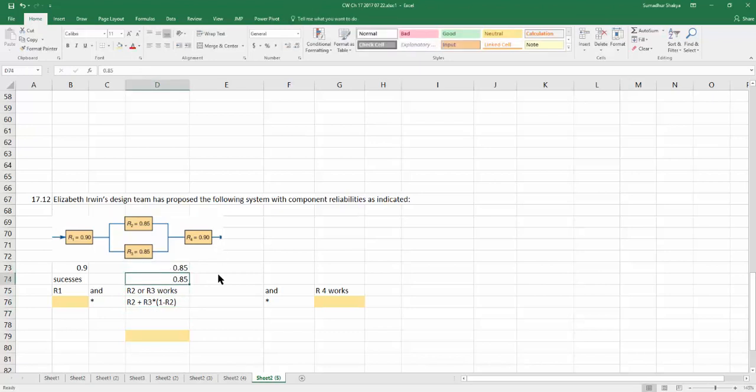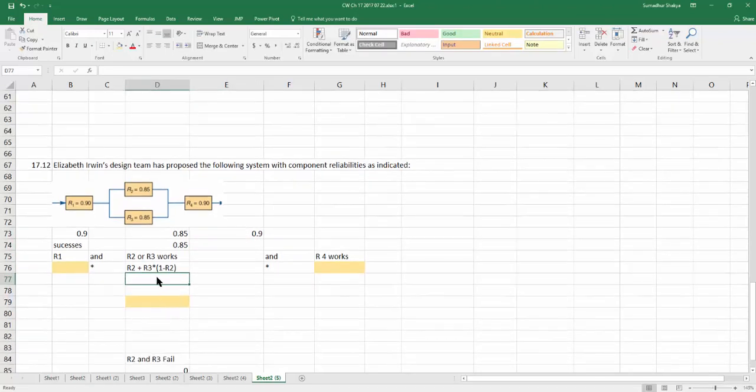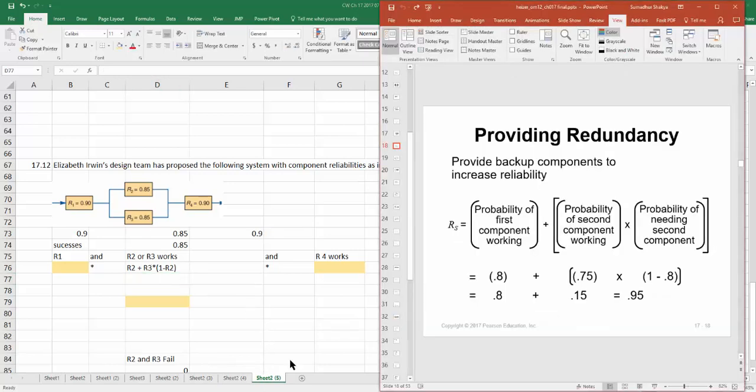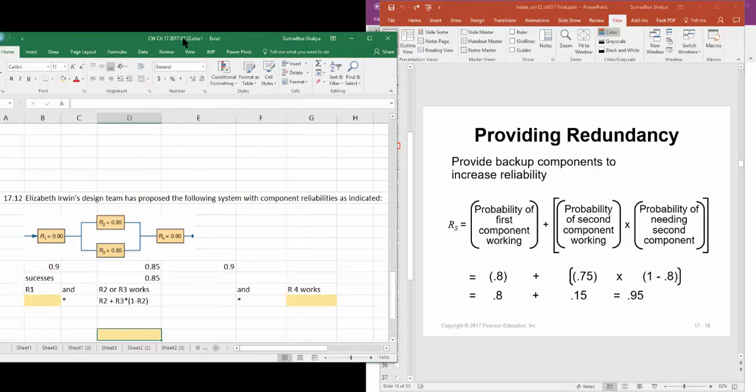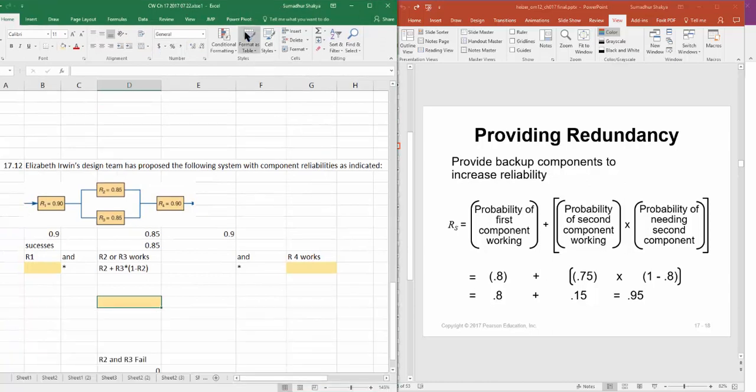So okay, 0.85, 0.85, and then this one is 0.90, sorry. Okay, so one way to do this is wherein, if you were to go by this formula, can I show both at the same time? Yes, okay, better.